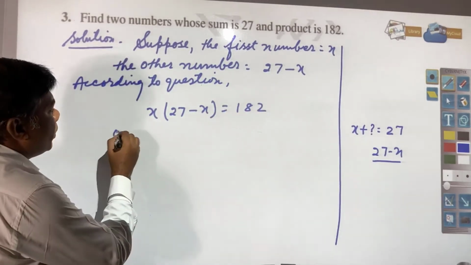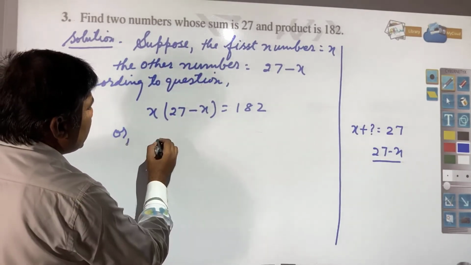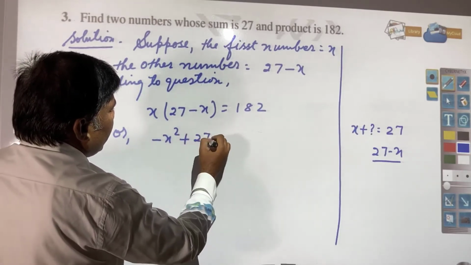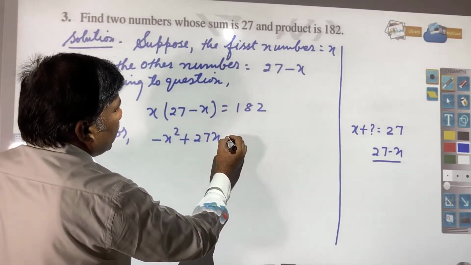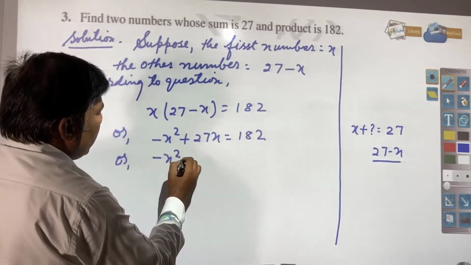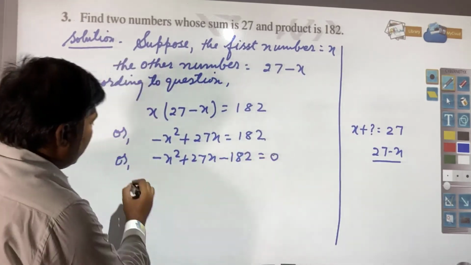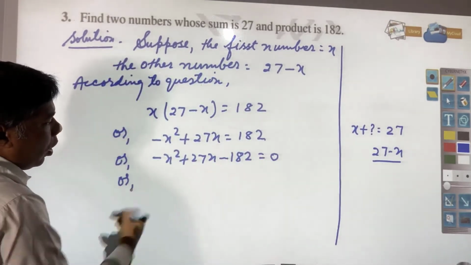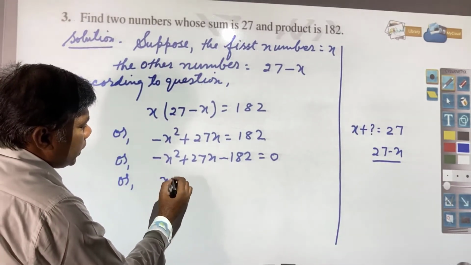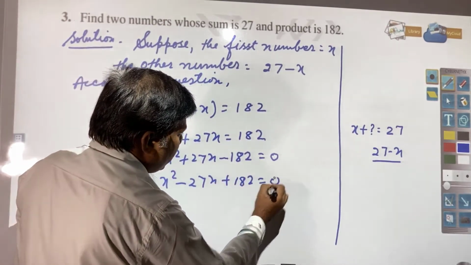Now this is required to be solved. You will get minus x square plus 27x, and that is equal to 182, or minus x square plus 27x minus 182 is equal to 0. If minus you take common, then you will be having x square minus 27x plus 182 equal to 0.